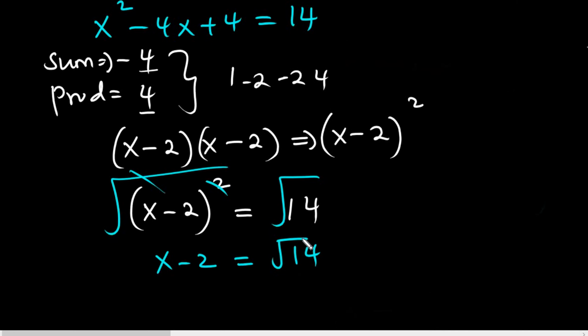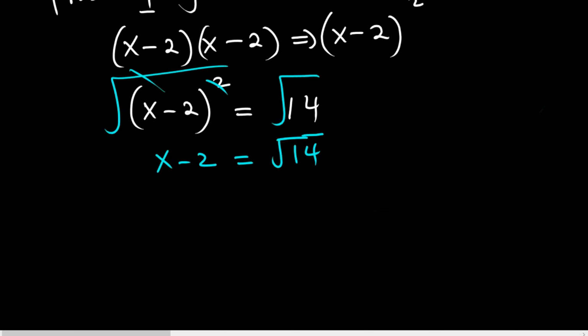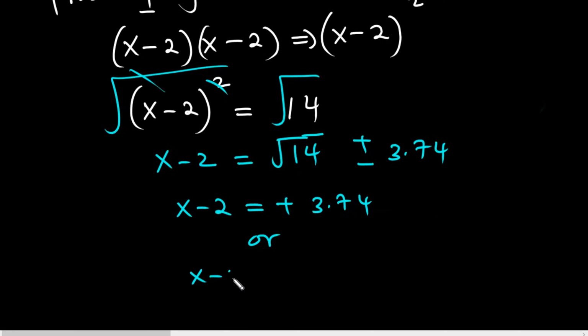The root of 14 is either positive or negative 3.74. Okay, so we can have x minus 2 is equal to positive 3.74, or x minus 2 is equal to negative 3.74.